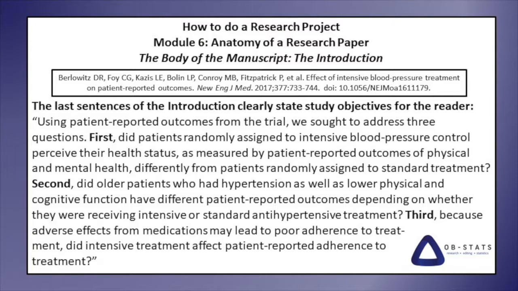Second, did older patients who had hypertension as well as lower physical and cognitive function have different patient-reported outcomes depending on whether they were receiving intensive or standard antihypertensive treatment? Third, because adverse effects from medications may lead to poor adherence to treatment, did intensive treatment affect patient-reported adherence to treatment?" End quote. Here, the last few sentences clearly state the objectives of the study for the reader.